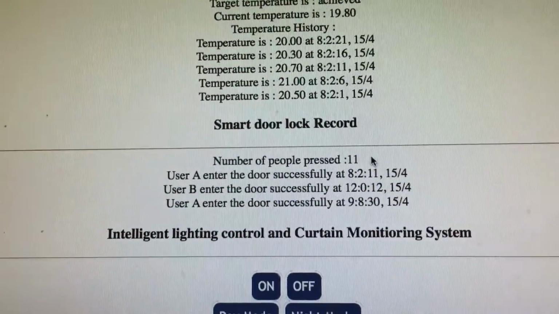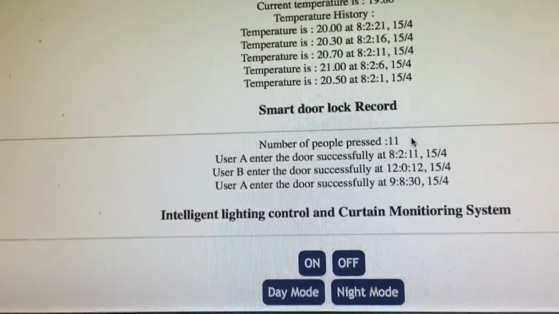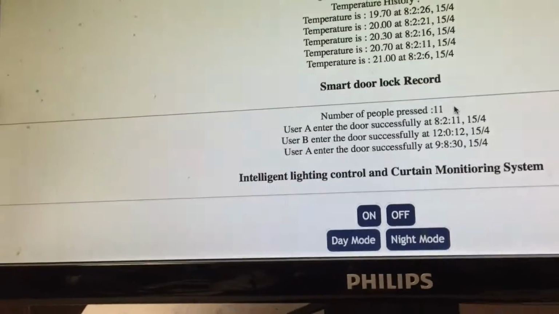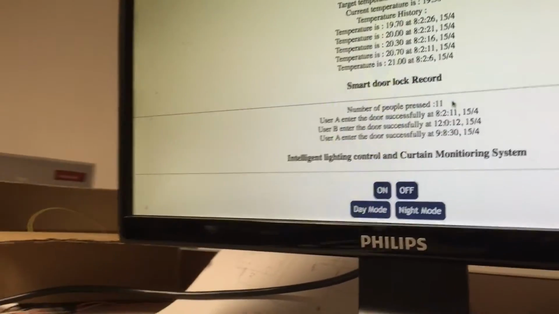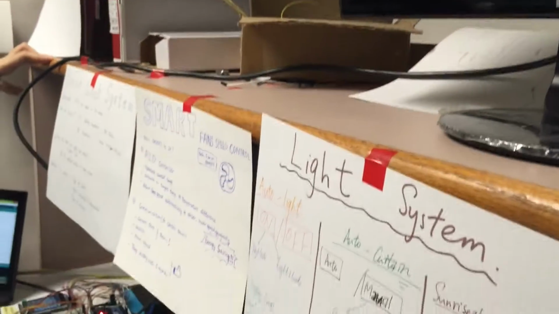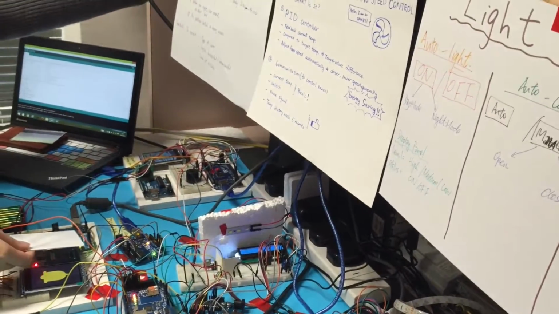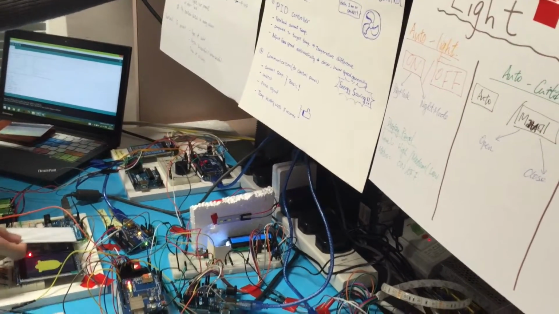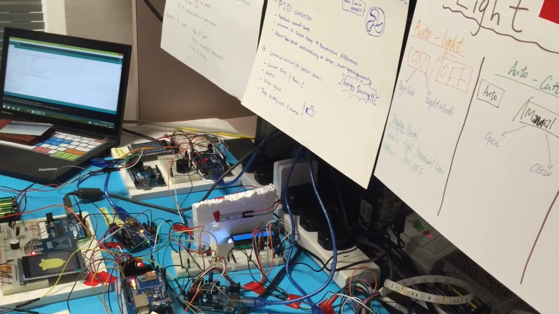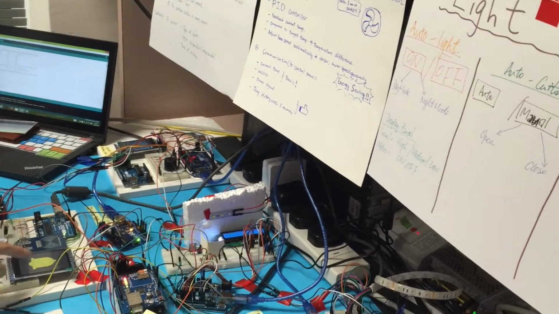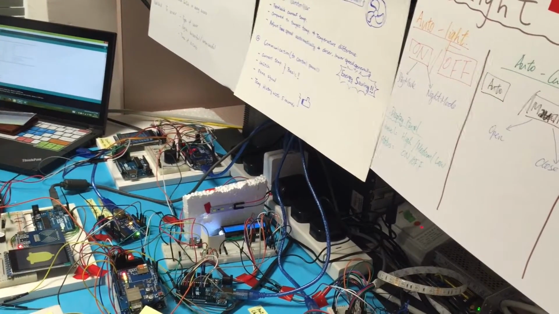Now I try the housekeeper user. Because now it is 8 o'clock, the housekeeper cannot access the system, and the touchscreen is still a doorbell.